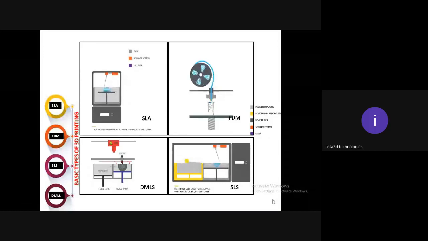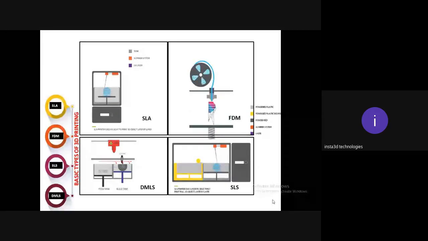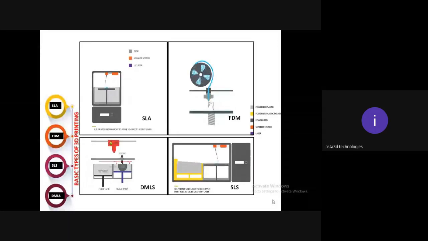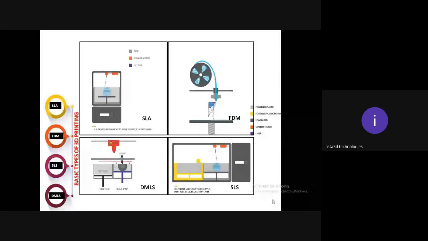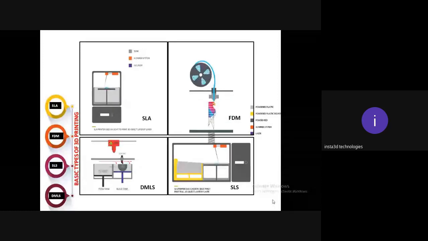And coming to FDM technology, the fused deposition modeling method, as I have showed you, we use a solid filament form of raw material, and these filaments are completely a thermoplastic material, and there will be a bed, and it starts printing through an extrusion nozzle, which is called the extrusion head.